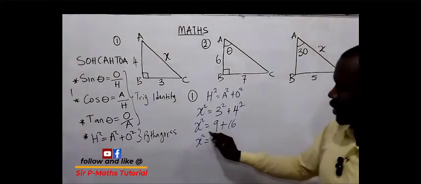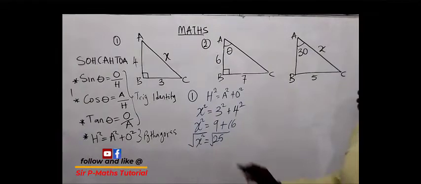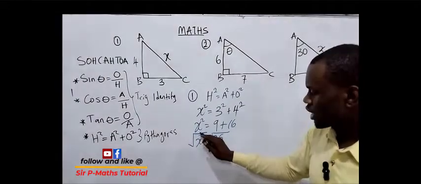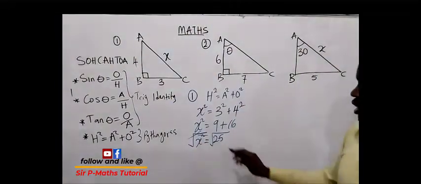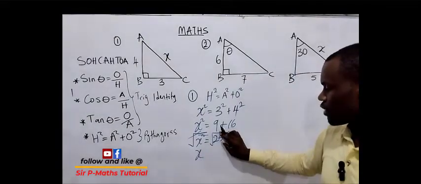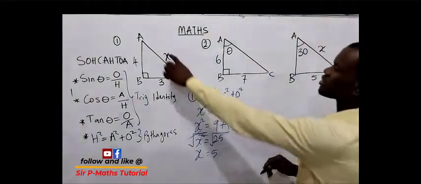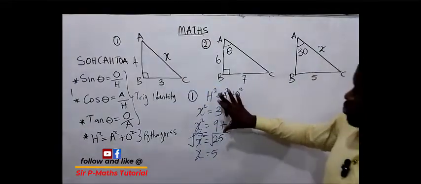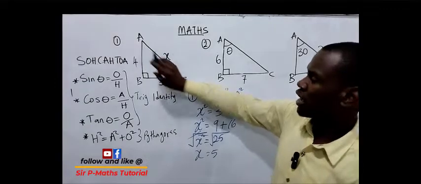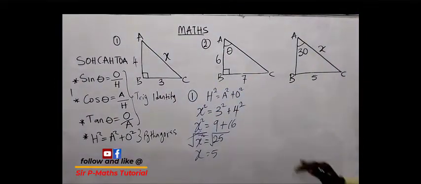But then to get my x, I will have to take the square root of both sides so that the square and square root can cancel themselves. Then we have x equal to the square root of 25, which will give me 5. So the missing side is 5. Take note that we had no business at all with the angle. That is why we use the Pythagoras theorem.